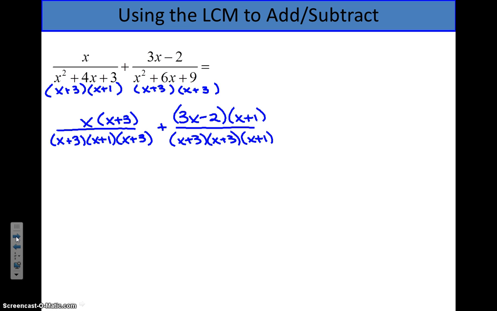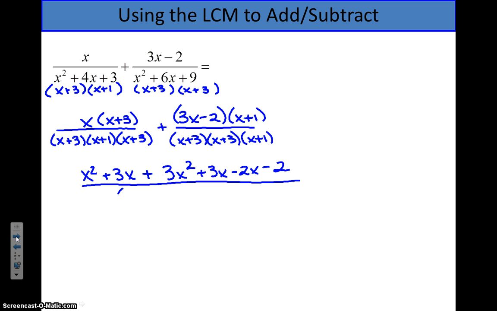So I do some distributing in the numerator, which gives me x squared plus 3x. And then over on the second one, that's going to give me plus 3x squared plus 3x minus 2x minus 2. And all of that is over this LCD of x plus 3 times x plus 3 times x plus 1.